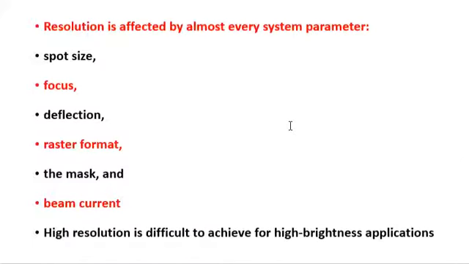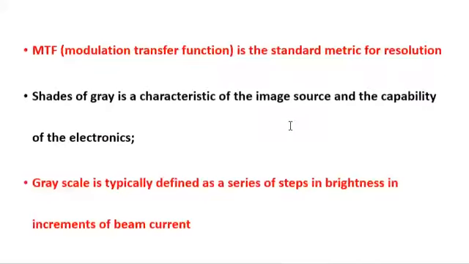If you want to get high resolution, it is very difficult to achieve if at the same time you want high brightness, which means between the brightness and the resolution there must be some trade-off, that is to compromise one in order to improve the other one.